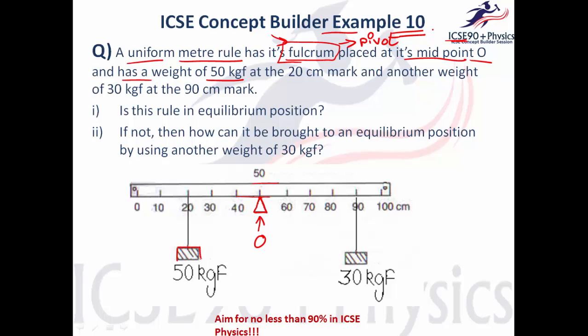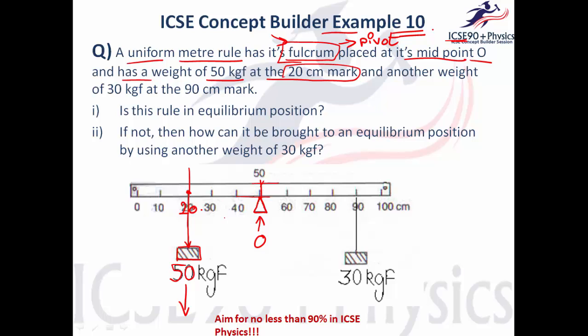This rule has a weight of 50 kgf acting in the vertically downward direction at the 20 centimeter mark. Now the moment you see the position of this weight at the 20 centimeter mark, what does this indicate?